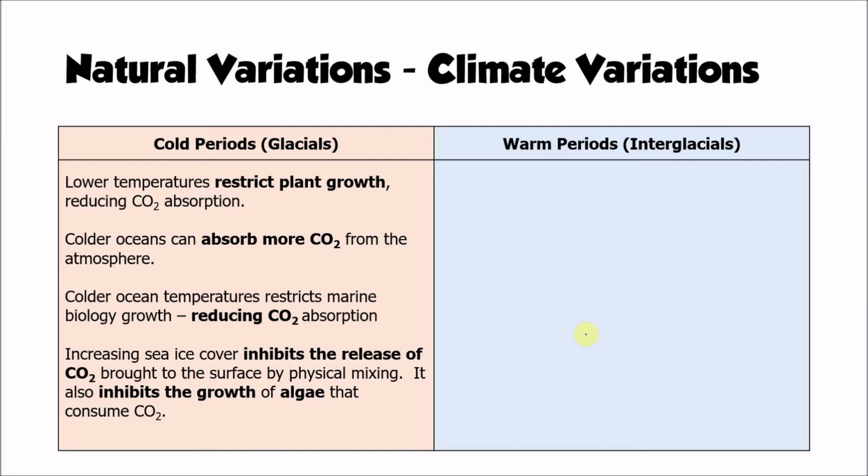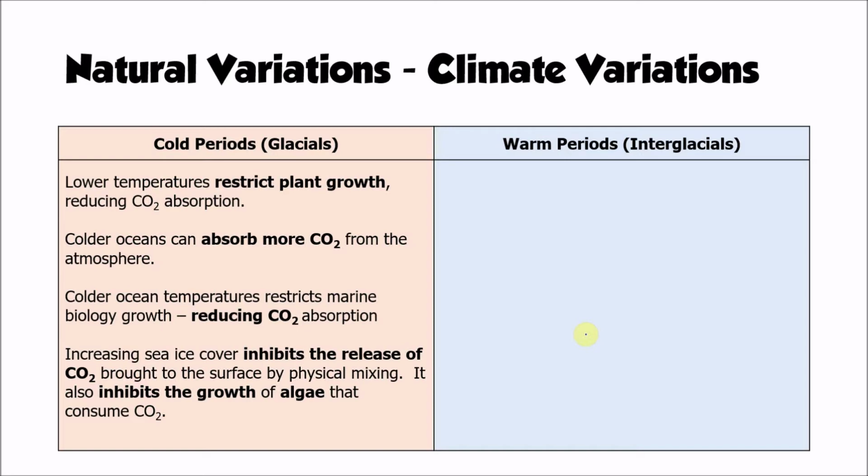One of those is going to be related to plant growth and photosynthesis. So as temperatures drop, plants are going to photosynthesize less because that plant growth is going to be restricted, and that's going to reduce the amount of carbon dioxide that they're going to absorb. Alternatively though, as the oceans get colder, they can actually absorb more CO2 from the atmosphere.